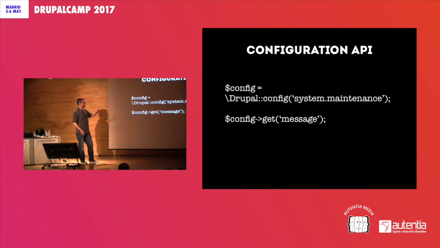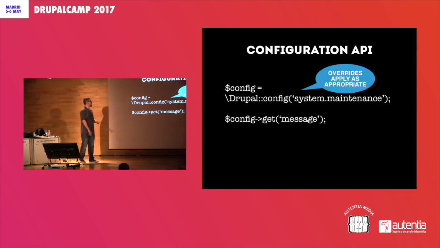So the Drupal config object takes your configuration, applies any overrides you need to, like maybe you have something in your settings.php, or you have some module that is altering this, or you have the languages itself. So if you call Drupal config, you will get the configuration in your system with all the overrides applied. So calling this in a page that a Hungarian visitor is seeing will get the Hungarian string.